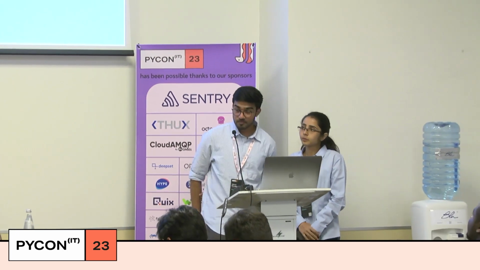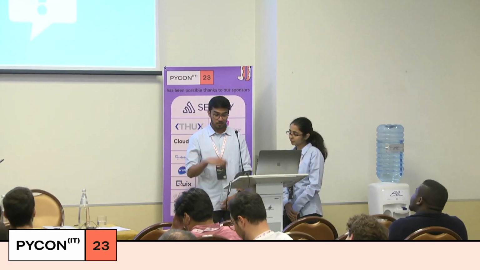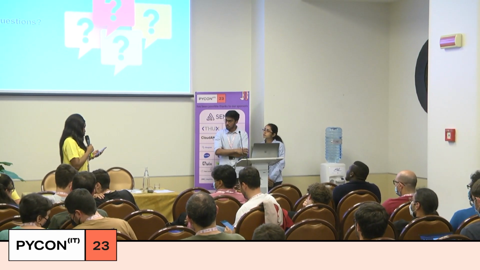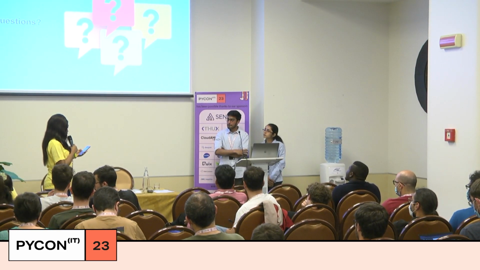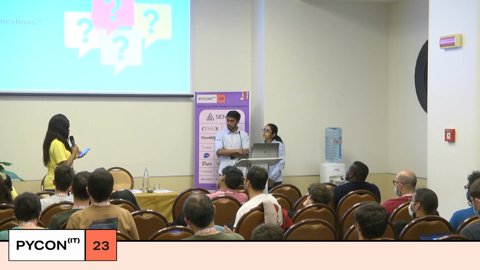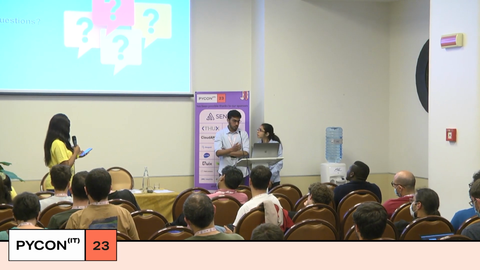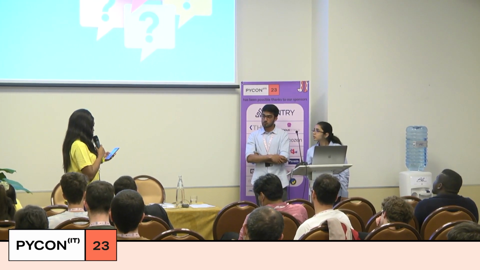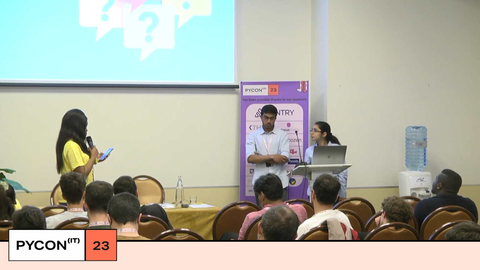Okay, so I'll read out the questions that we have. The first one: can you simply decide how you need to add some noise to data, just by rerunning the algorithm?